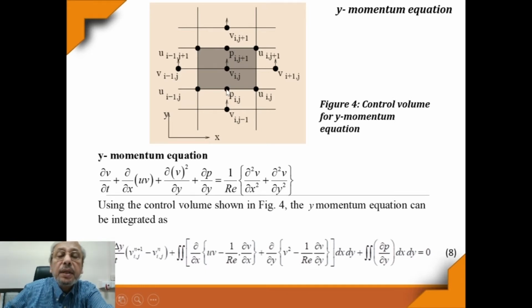Like this point is considered Pij, this point is considered Pij plus 1, and this point is Vi plus 1j, this point is Vi minus 1j, etc. And this control volume is the V control volume, where Vij is defined at the center of the control volume.